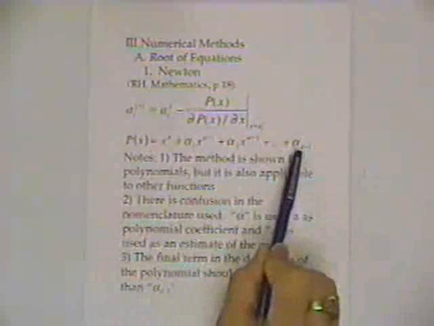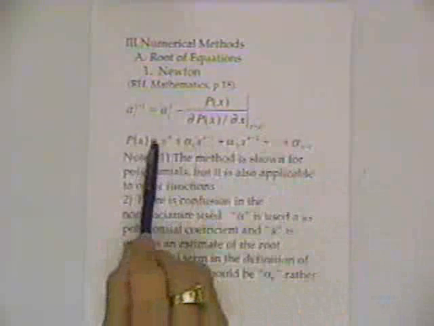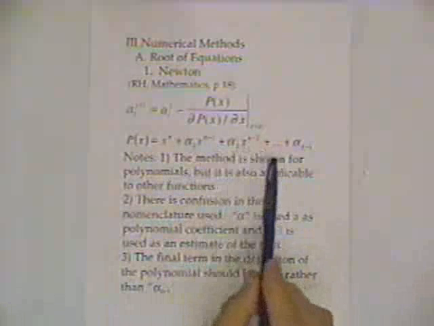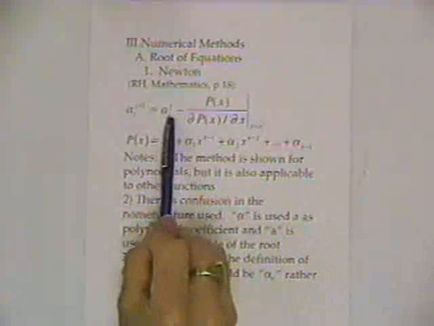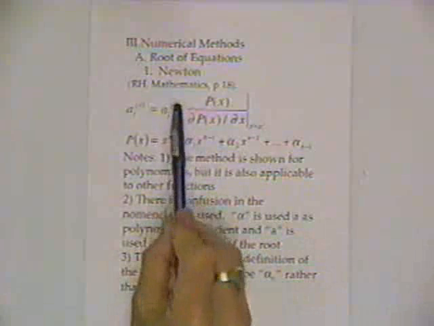In other words, in a polynomial, there are several roots, several different values of x that will make that equation p of x equal to 0. So there is more than one root of the equation. The subscript i represents which of those roots you're dealing with. The superscript j represents which estimate.